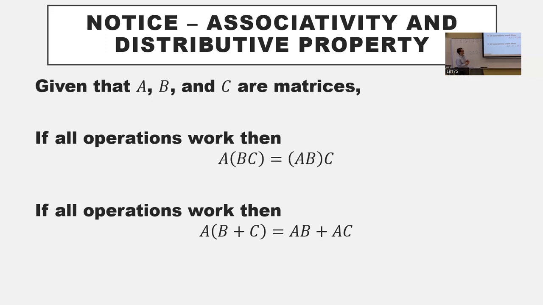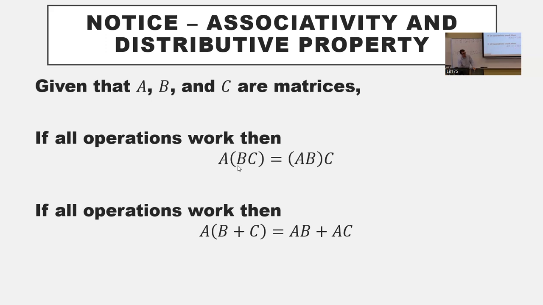So A being on the left-hand side on the outside of that parentheses forces me to put it on the left-hand side when I do my 2 multiplications. And that's the same way with the associative property too.